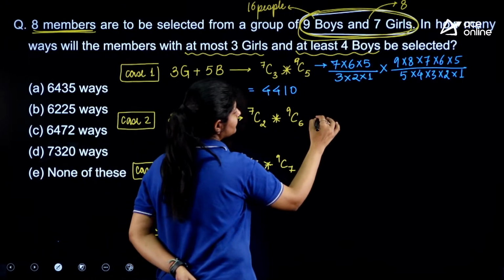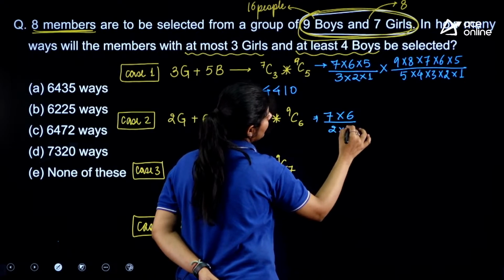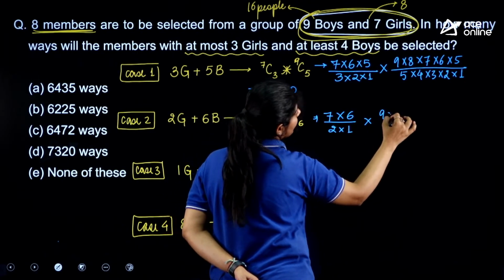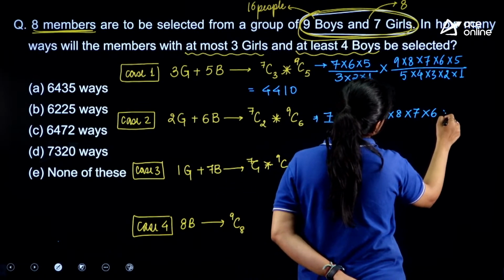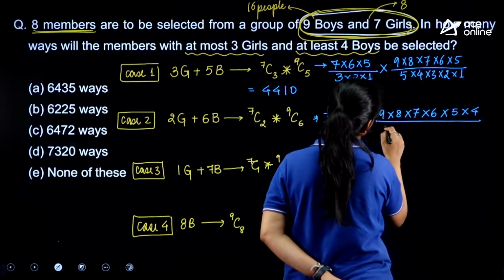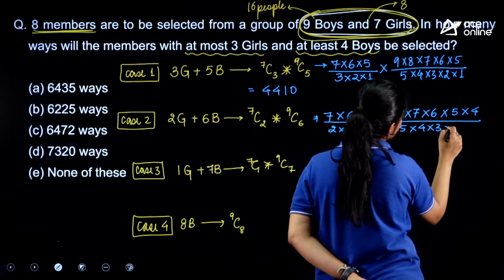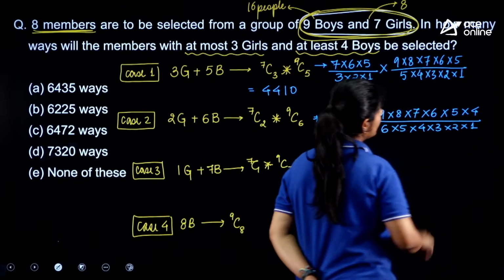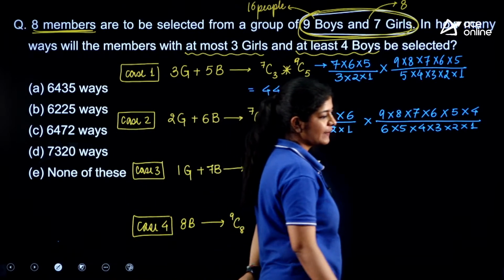Now this one: 7 into 6 divided by 2 into 1, multiplied by 9 into 8 into 7 into 6 into 5 into 4 divided by 6 into 5 into 4 into 3 into 2 into 1. Now again I have to solve this particular term.